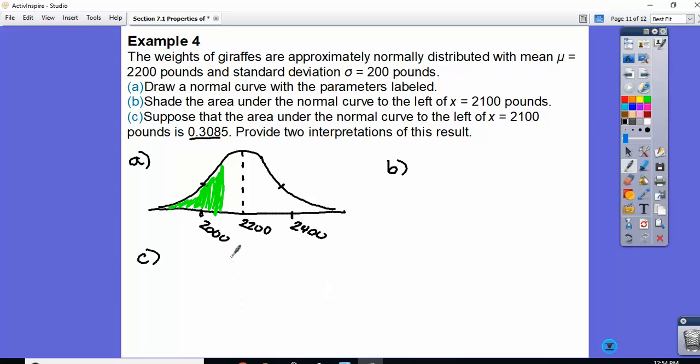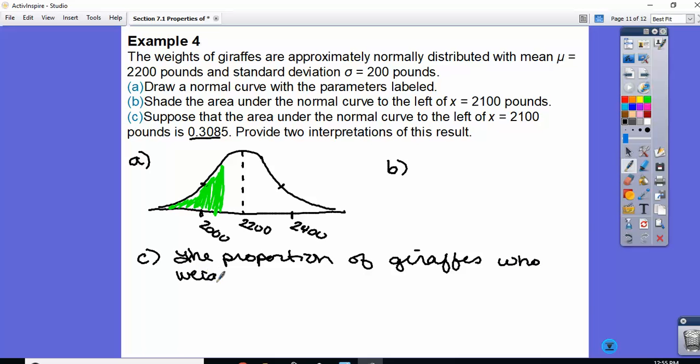So the first is the proportion of giraffes who weigh less than 2,100 pounds is, and then our probability, 0.3085.